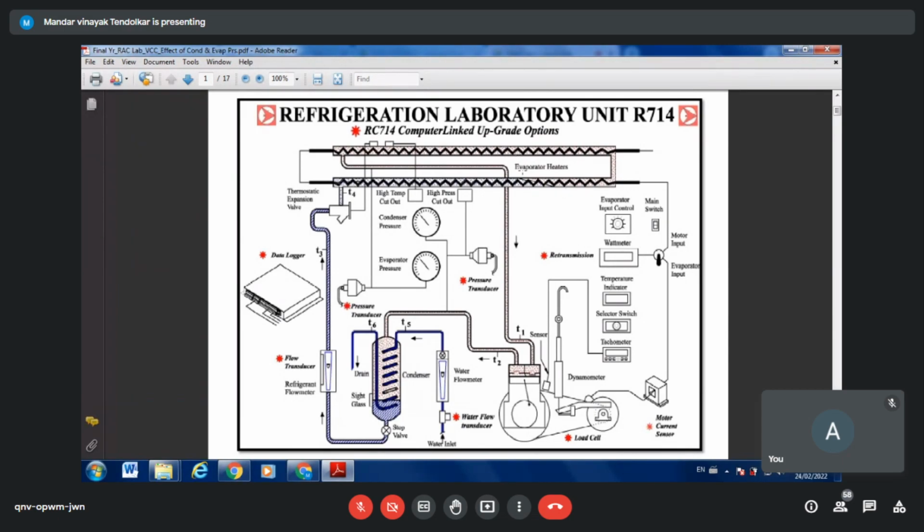If I want to change anything related to that, it is related to this knob to change the heater, correct? If I rotate the knob, the heater input will be changed. So I use the same knob to change the evaporator pressure. How, that you have to tell me.